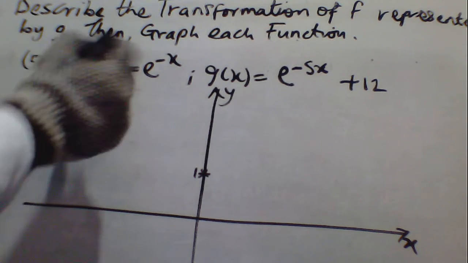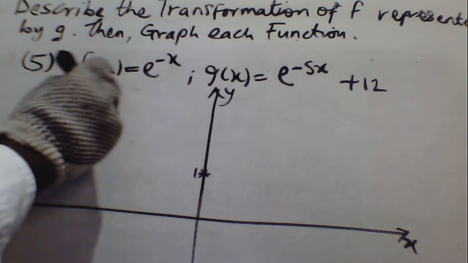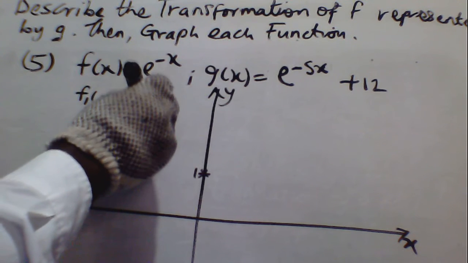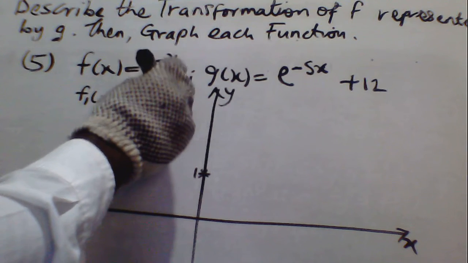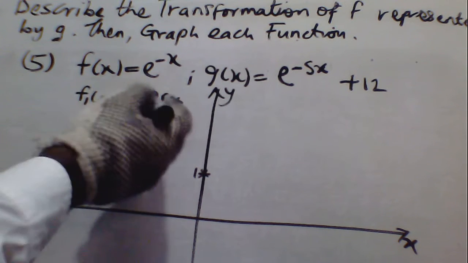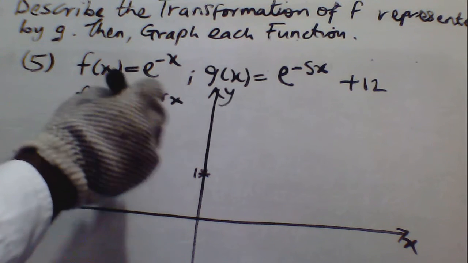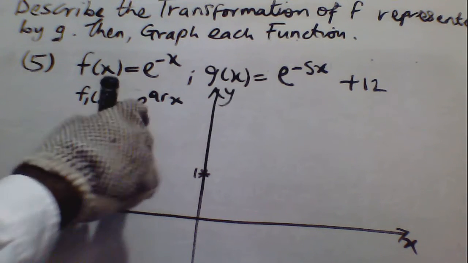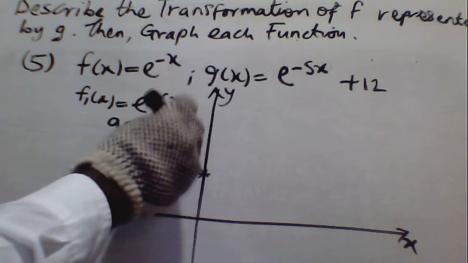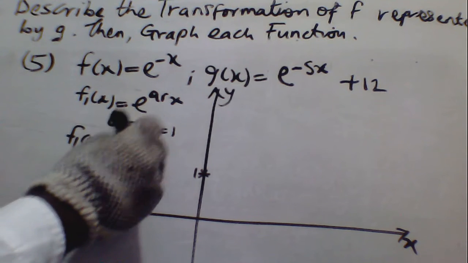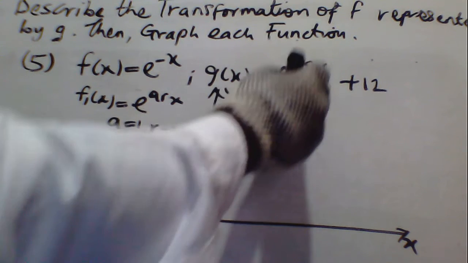And because we say that if a given function f of x is equal to a e raised to power r x, this is the parent function. So when a is equal to 1, r is equal to 1, we have f of x is equal to what? e raised to power what? x, which means it will start from here.